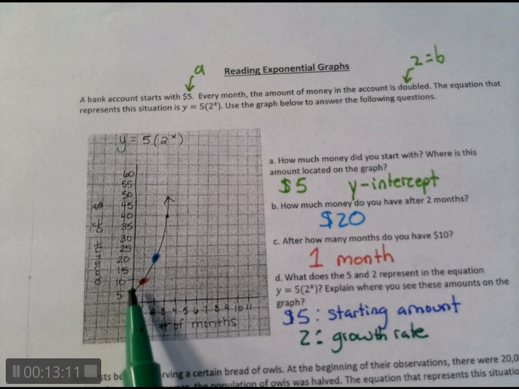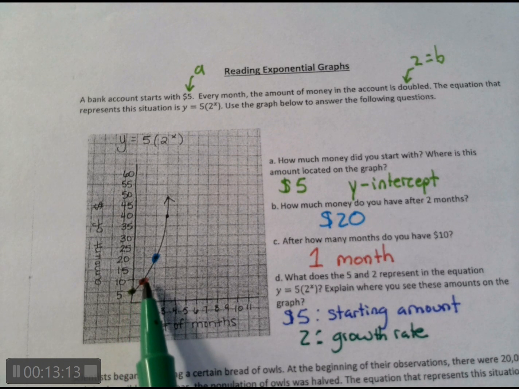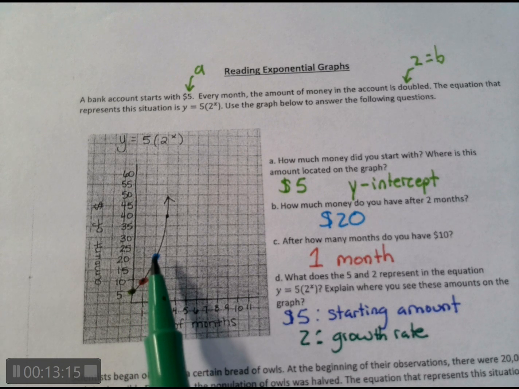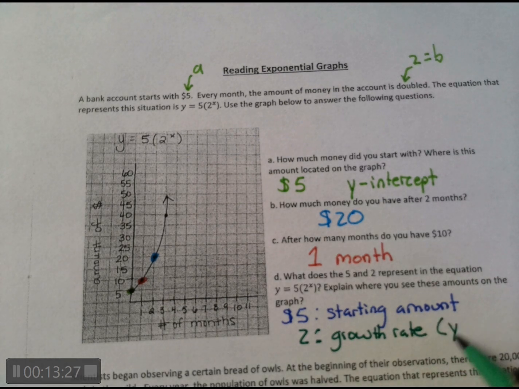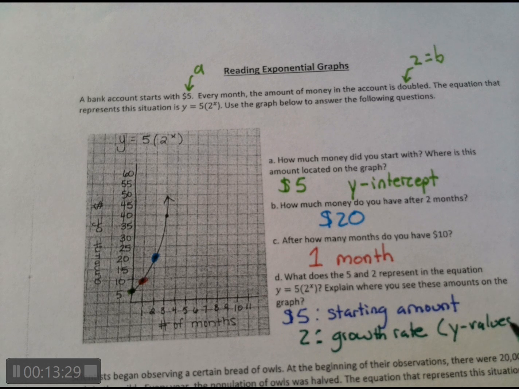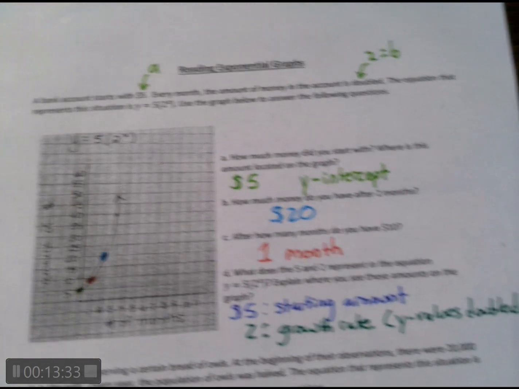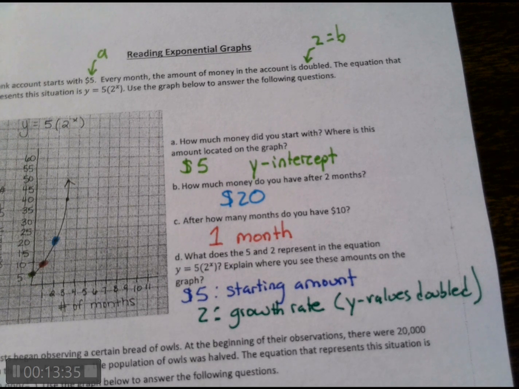Because we started at 5, 5 times 2 gives us 10, 10 times 2 is 20, 20 times 2 is 40. So that's what we multiply by each time to get our next number. Okay? Oops, y values doubled.